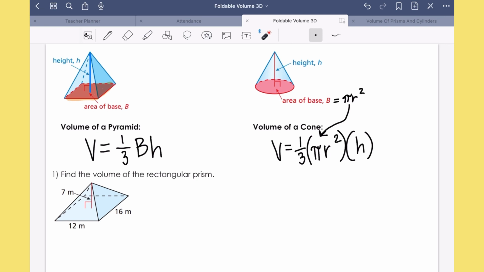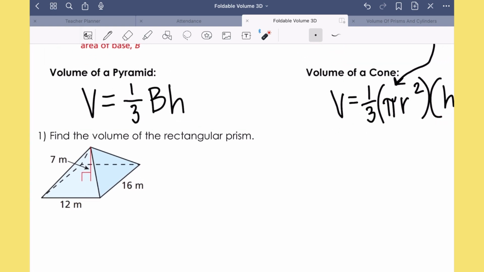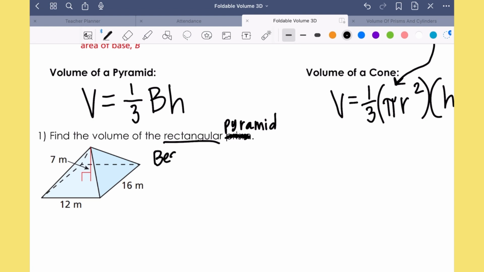All right. So let's do a first example for a rectangular pyramid. There's a typo here. It says rectangular prism. It should say pyramid. So let's take that off. It's a rectangular pyramid. That means that my base is a rectangle.